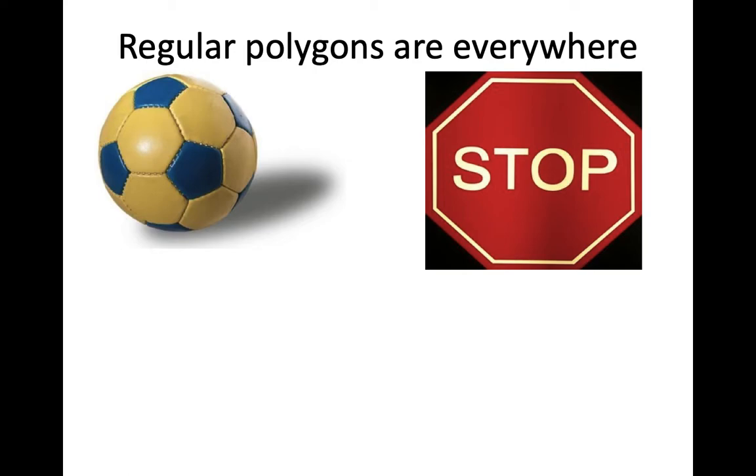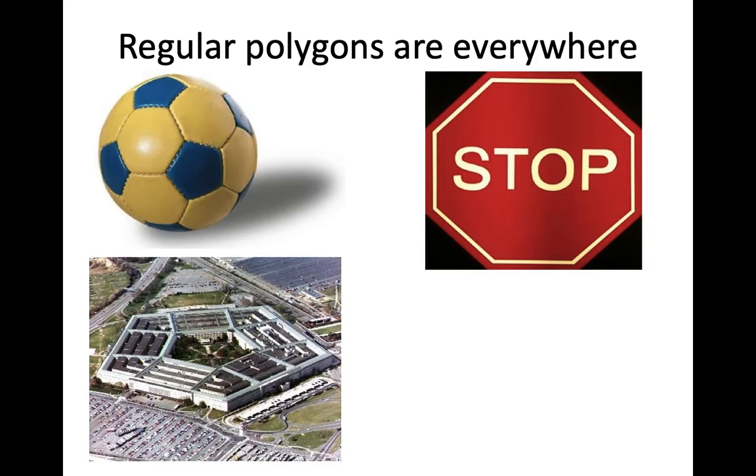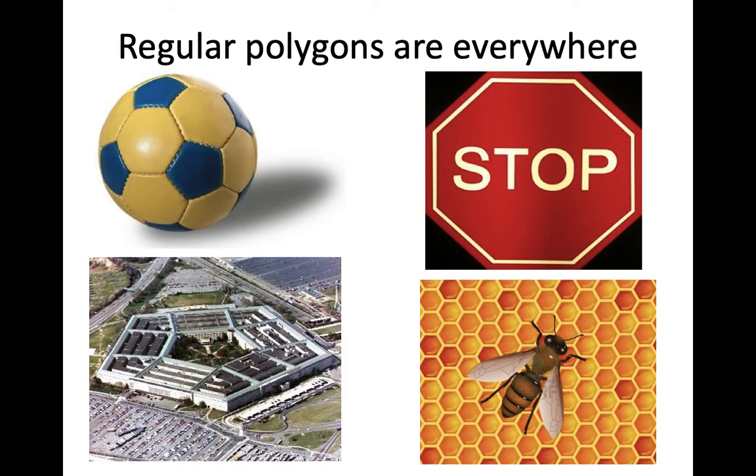The place where the Defense Department is, what's called the Pentagon, is a very large building in the shape of a regular pentagon. And then finally, if you've ever seen a honeycomb, bees make honeycombs, and those are regular hexagons. So again, these regular polygons are all around us.